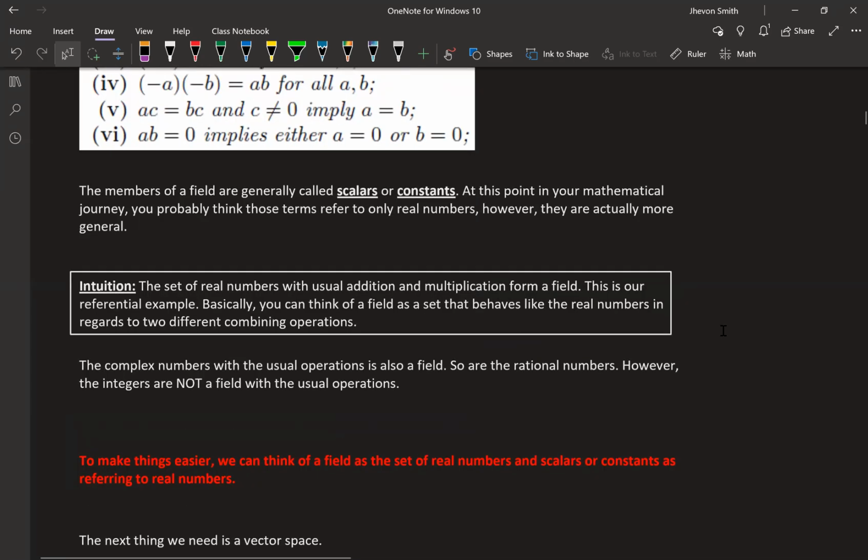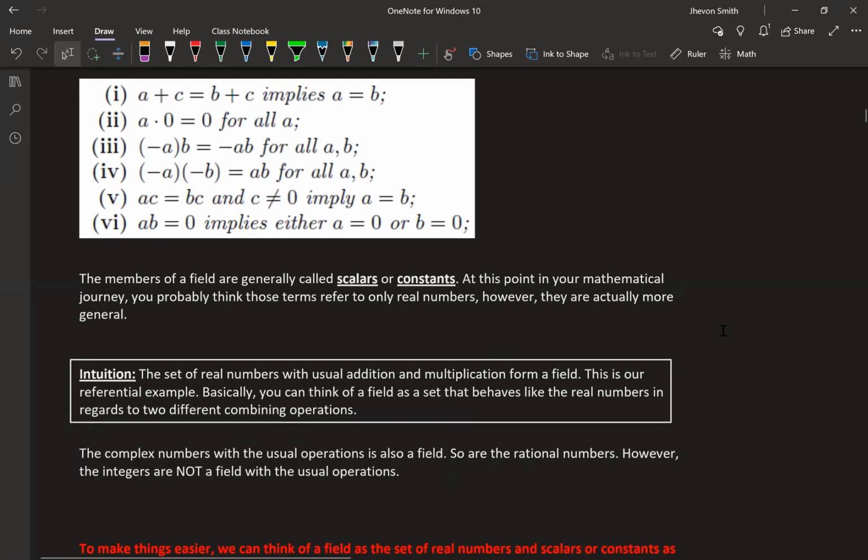One way you can see this is that division is not going to work. Not everyone has a multiplicative inverse. For example, if I have the integer 2, what can I multiply that by to get the identity 1? Well, I'd have to multiply it by a half, but a half is not an integer. So I cannot find an element that when I multiply 2 by, I would get 1. So the integers are not a field.